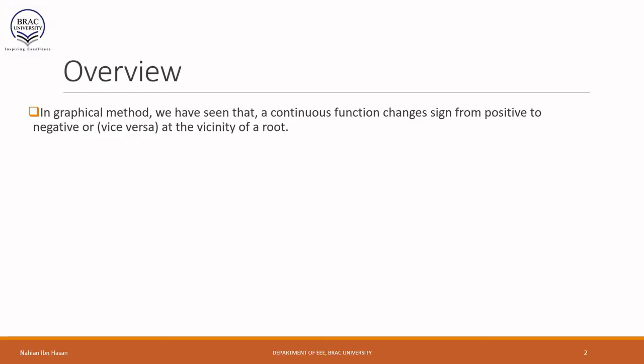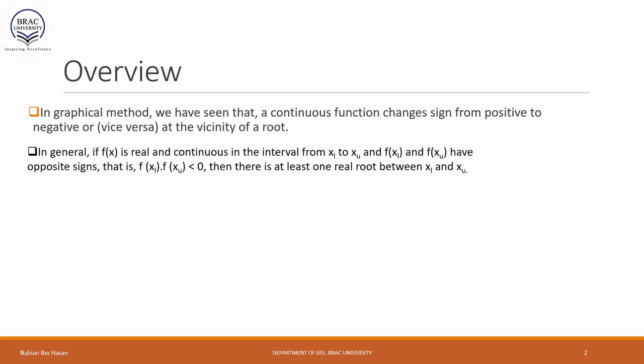So that's the first step: we have to guess two initial points to define a boundary. Let's say those two initial points are xl and xu. xl is the lower boundary and xu is the upper boundary.